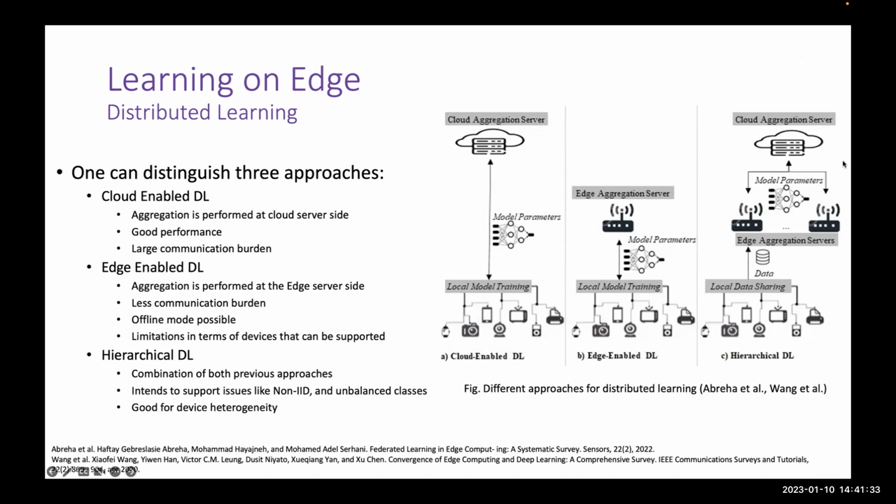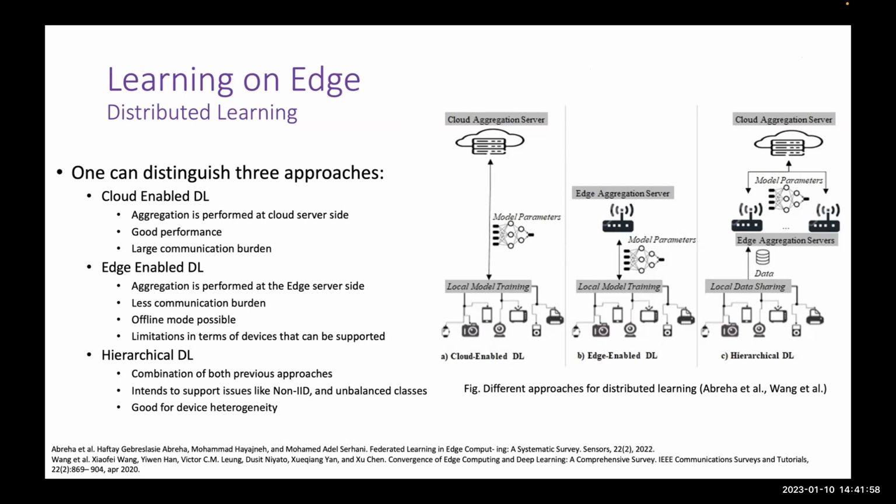And then you have the third category, the hierarchical distributed learning. In this case, you have a mix of edge servers and cloud servers. That's an interesting approach when you are facing different issues in the data, for example unbalanced classes, non-IID data, or the diversity of devices in your infrastructure.